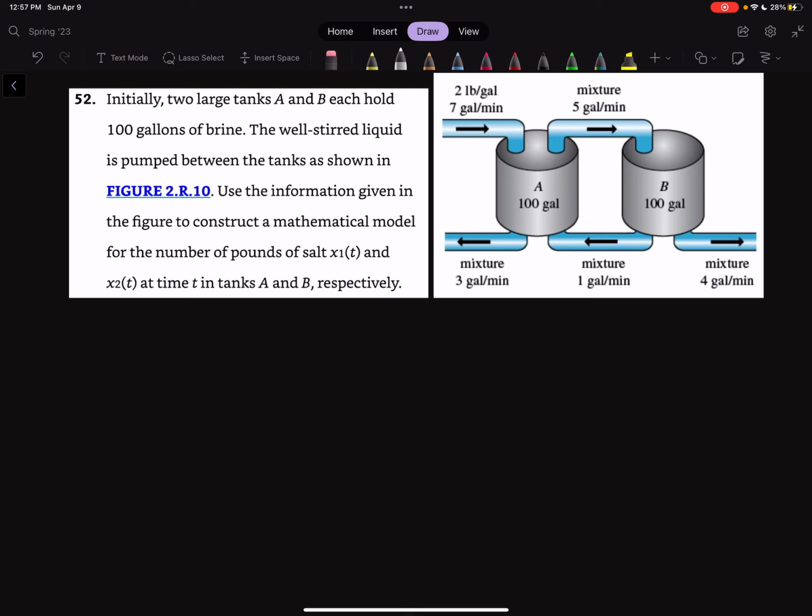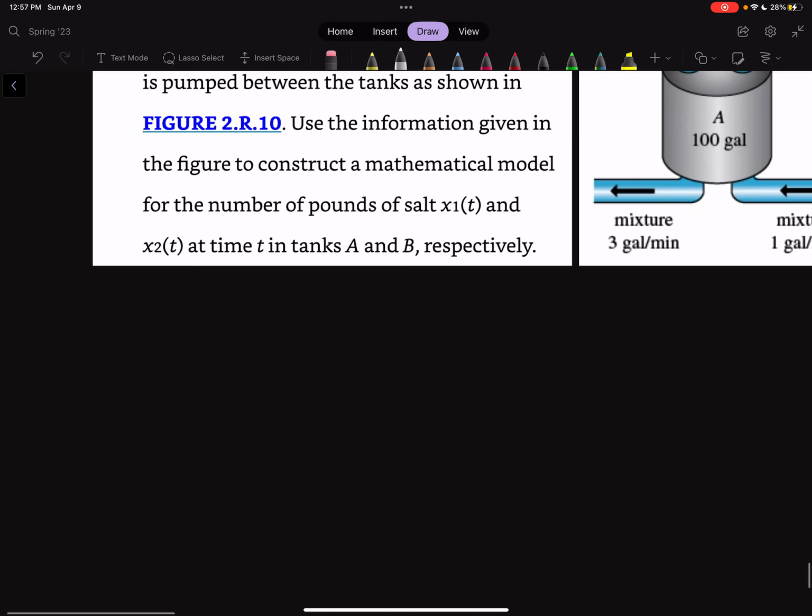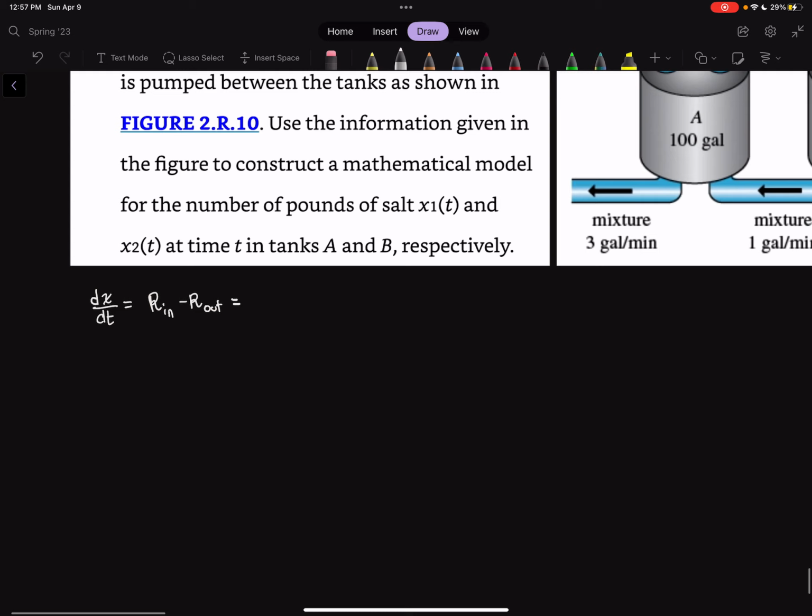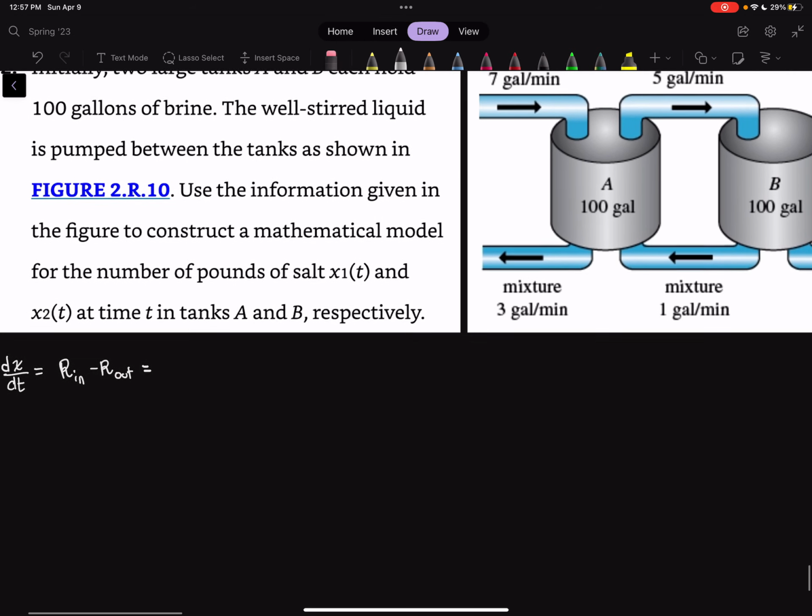Okay, so for tanks, we need to look at the tanks individually. And remember that the rate of change of salt, let's say x over time, is going to be equal to the net rate in minus rate out. So what is the stuff that's coming in?